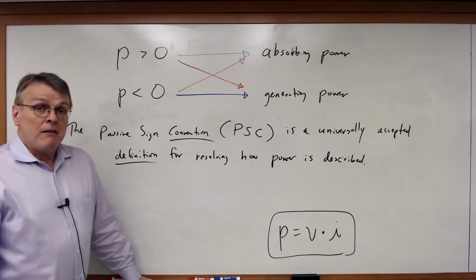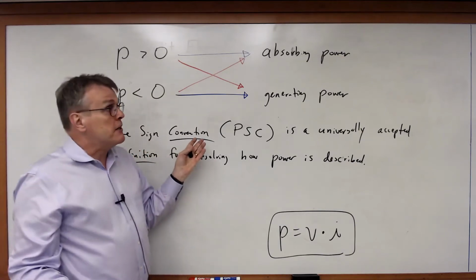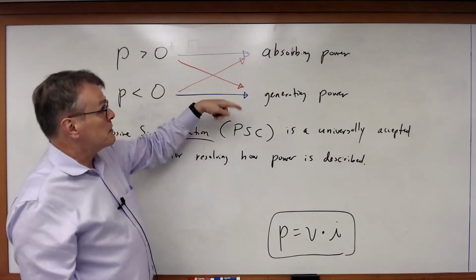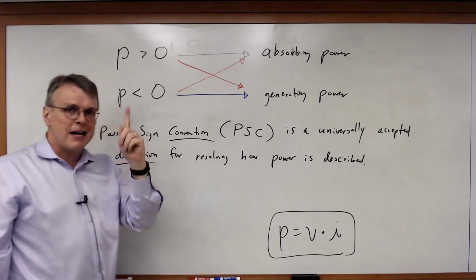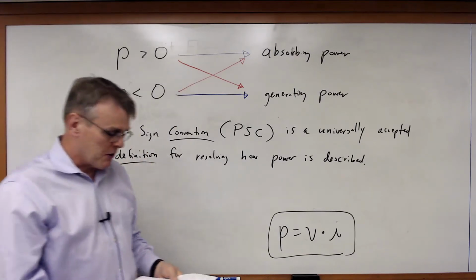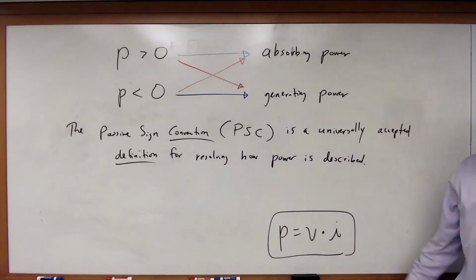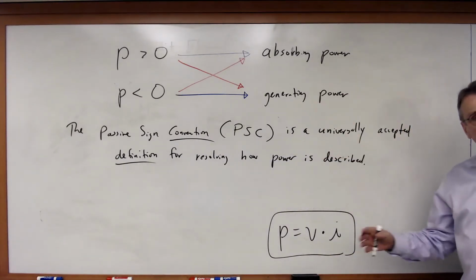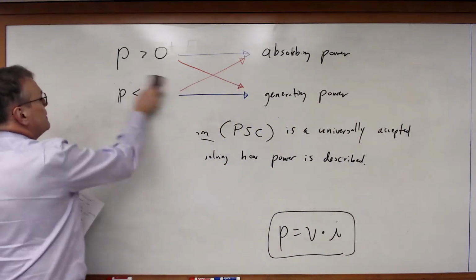If you think about it, we could mathematically create essentially a consistent system of circuit analysis choosing either one of these two conventions. But long ago, we all decided how we were going to do it. And that's what we're going to stick with here. So in order to understand the PSC, we just need to work a few definitions, and you'll see how it works.